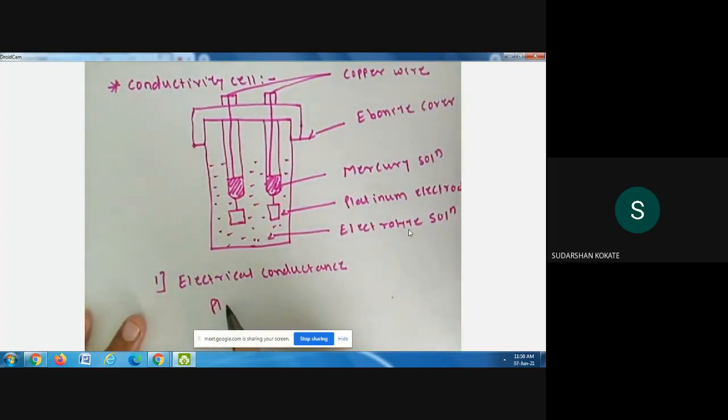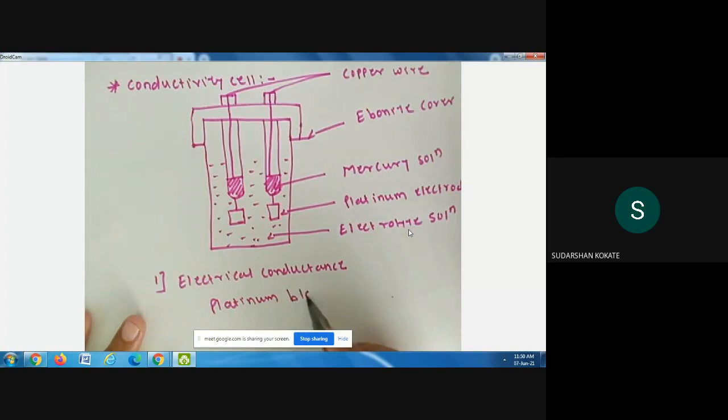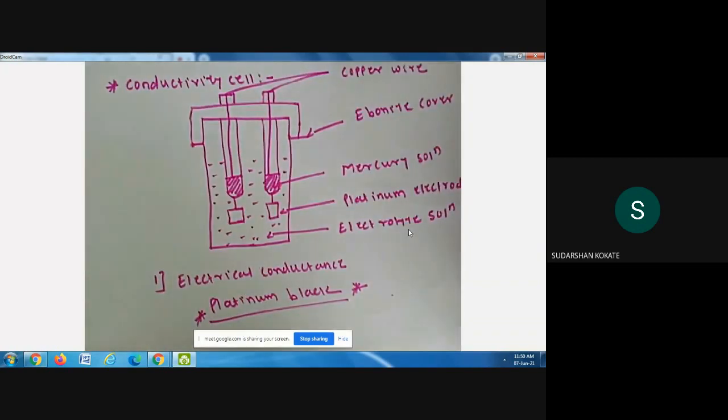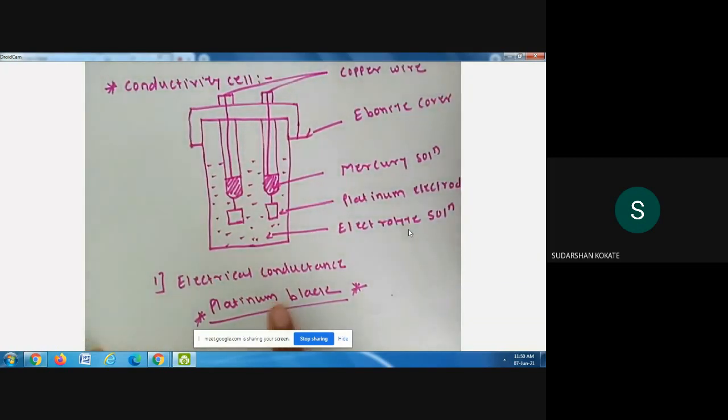Sometimes in an MCQ question may be asked, in a conductivity cell the electrode is coated with dash dash powder, so it is the platinum black powder. You remember this one. This question will be 100% asked. Last time also this question was asked.